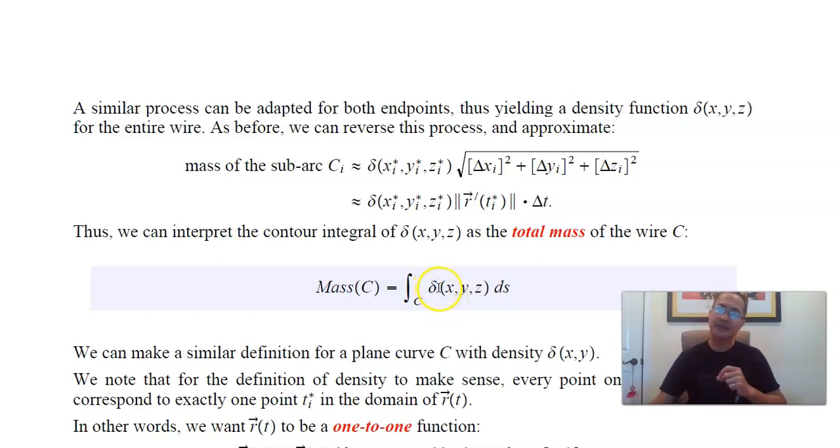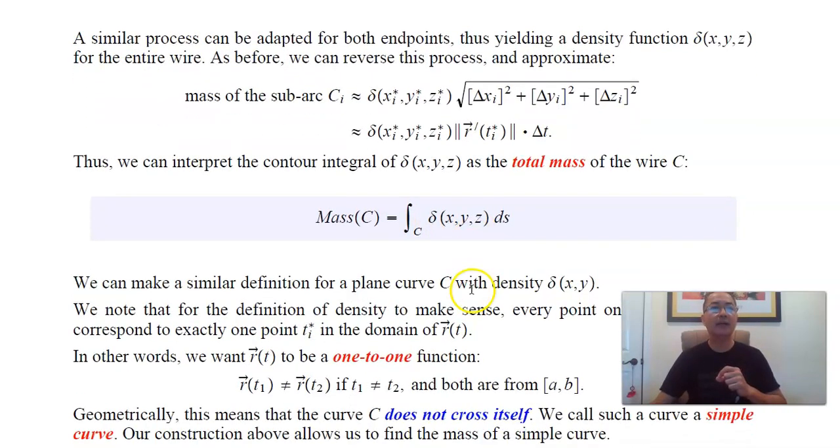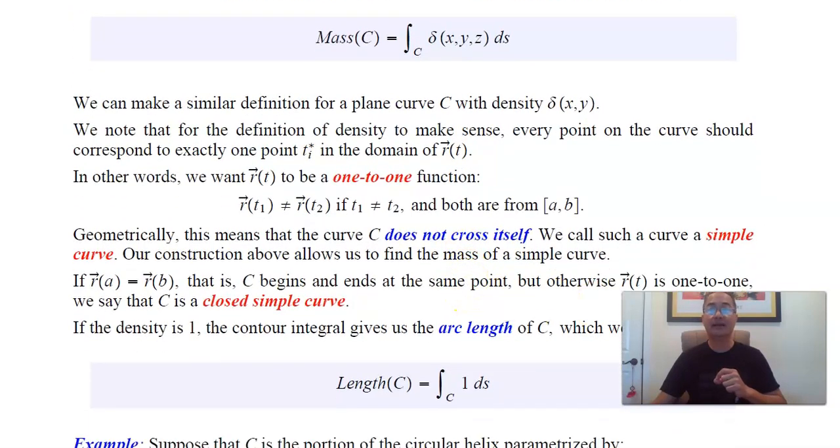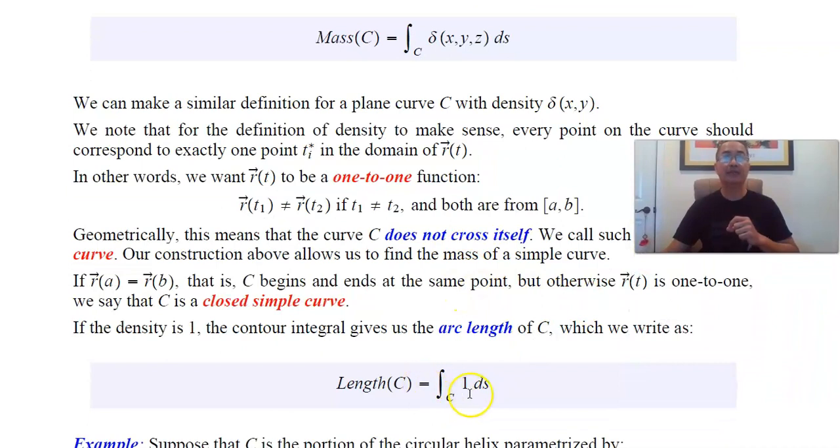Okay, what happens if the density is simply 1? Well, what that means is that we are going to get the arc length of our piece of wire. Okay, of course, this interpretation works only if the wire does not cross itself. Okay, so in other words, our parametrization is a one-to-one function. Okay, so like the helix, for example. Okay, the helix does not cross itself, or a line segment. Okay, a line segment does not cross itself.